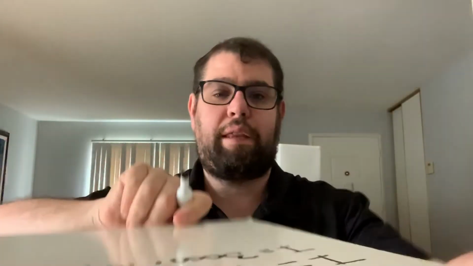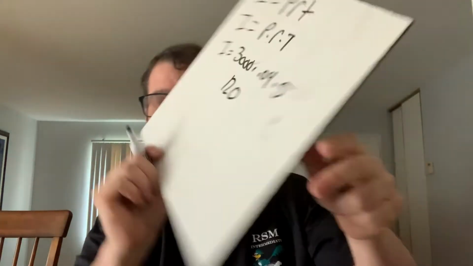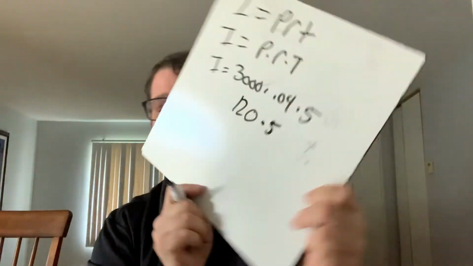You're then going to put that into the calculator, and I'm going to do it the long way. 3,000 times 0.04 is 120. So if you would have just done that in your calculator, 3,000 times 0.04, you got 120. Bring that down, then times that by 5.